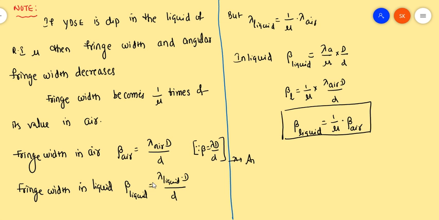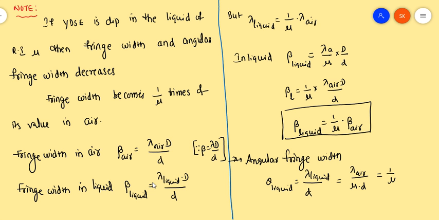Similarly, angular fringe width also. If you write the angular fringe width in the liquid, we know the formula: lambda in liquid by d. Lambda in liquid is lambda in air by nu, so we get 1 by nu into lambda in air by d.